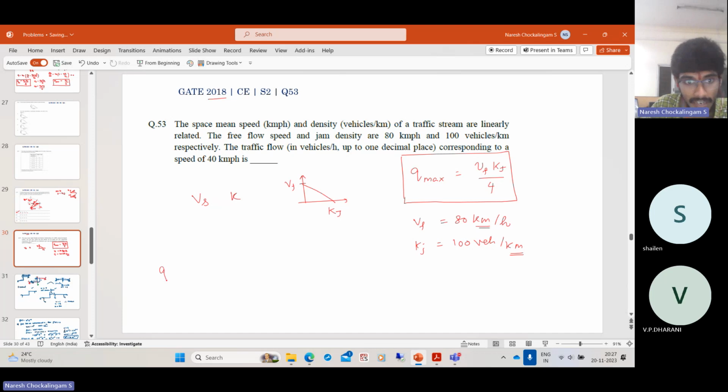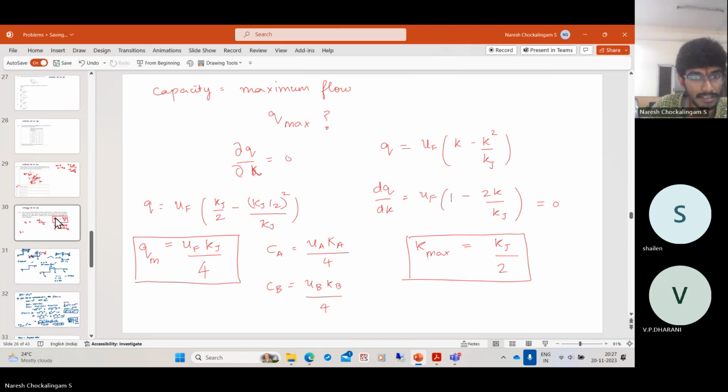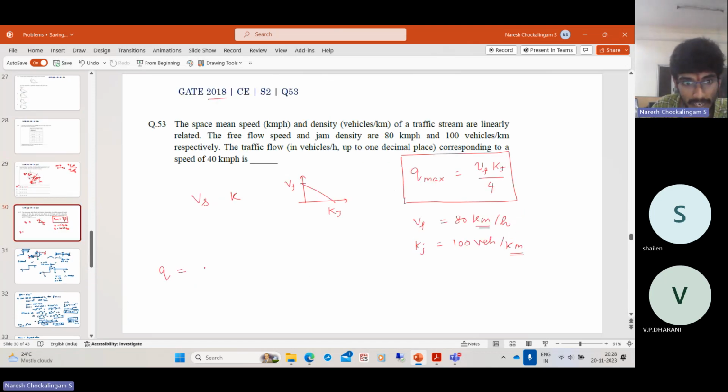And what is the function we got in the previous question? Q is equal to UF into K minus K square by K jam. So just substitute here. UF is 80.